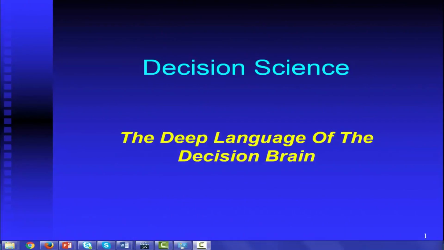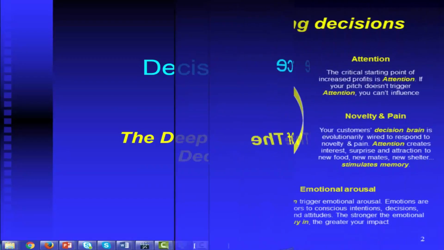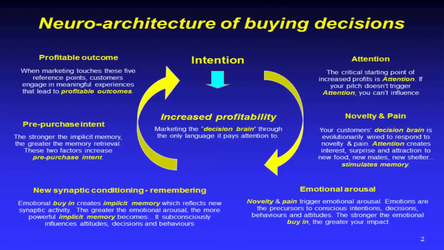So decision science is based on the deep language of the decision brain. And when you think about that, there are processes that the brain goes through when it's making decisions. Now, I know I've got a lot of information up here on the screen, but basically I want to take you through the neuroarchitecture of decision making, especially as it applies to somebody potentially buying your service or your product.